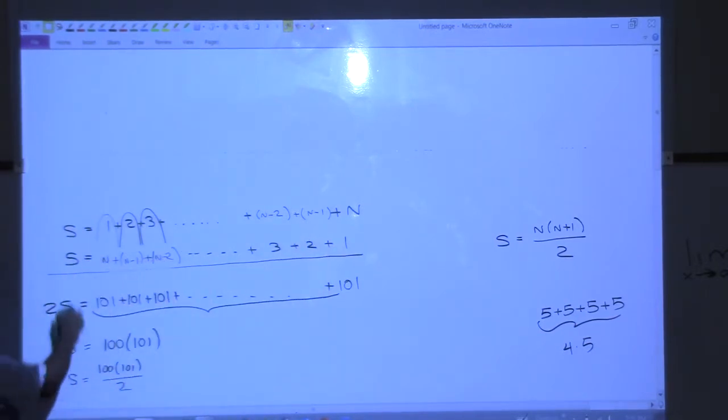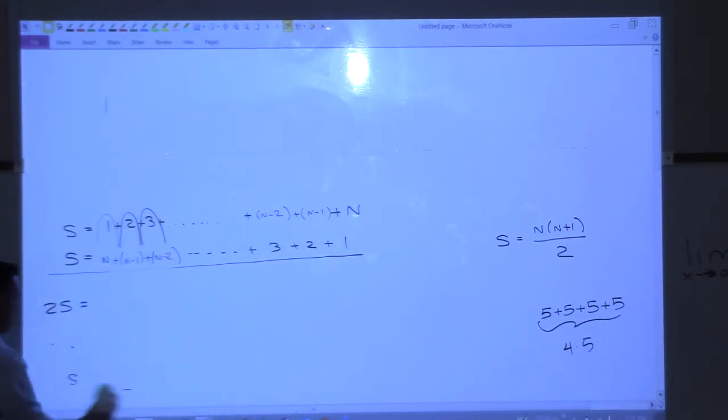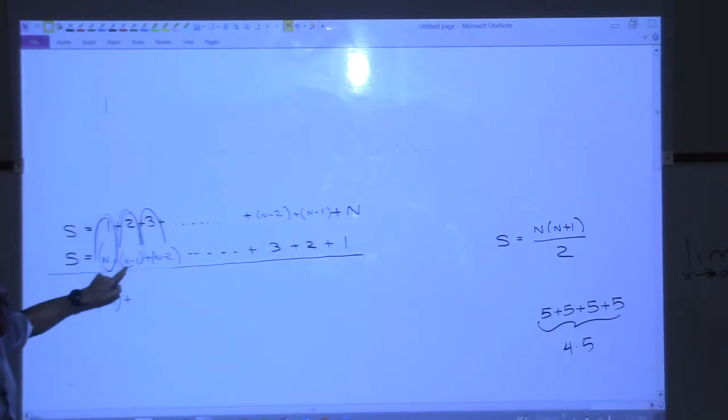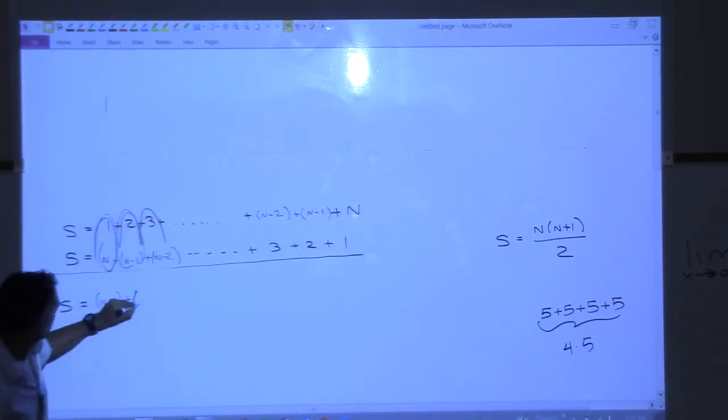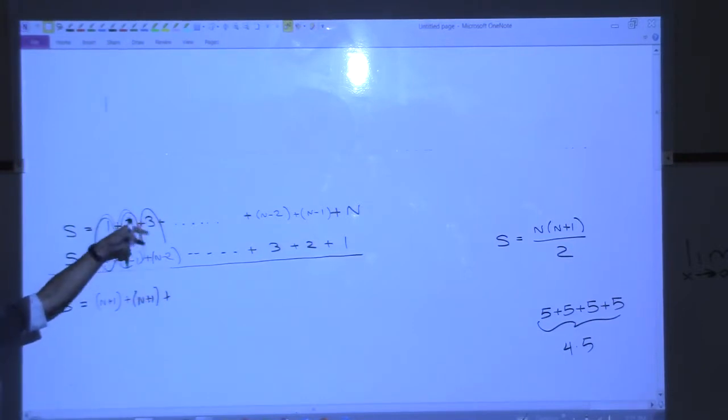Okay, and then Gauss said, I'm going to add straight down. Okay, when you add straight down, what do these first two give you? N plus 1. Plus, what's n minus 1 plus 2? N plus 1. What's n minus 2 plus 3? N plus 1.